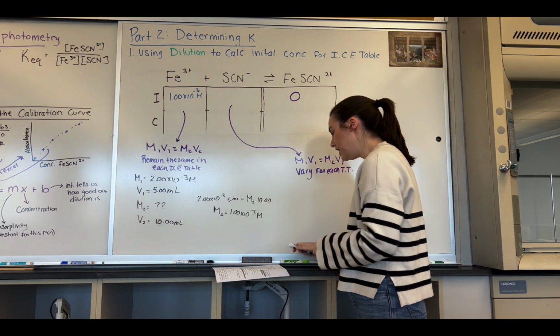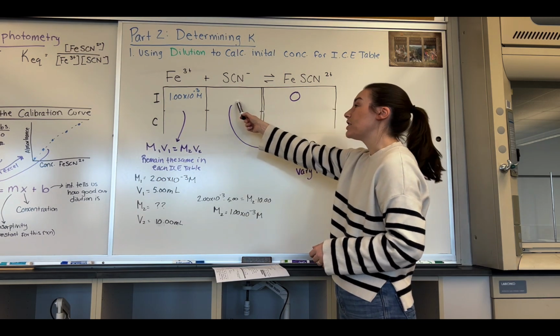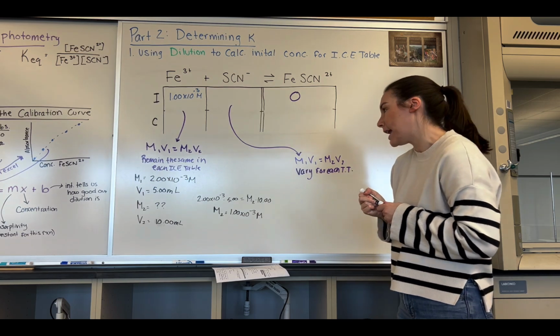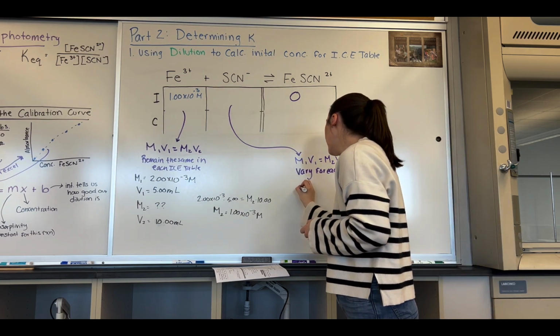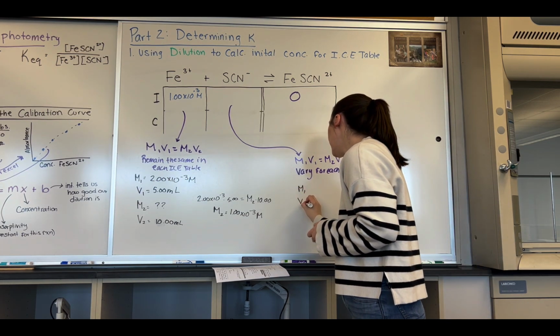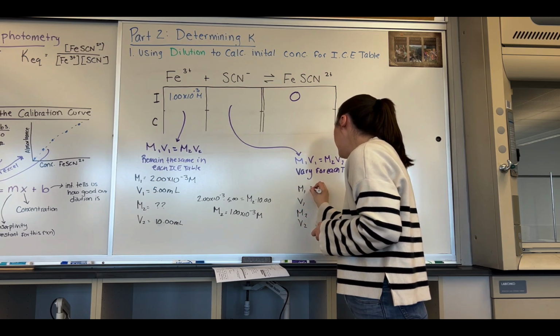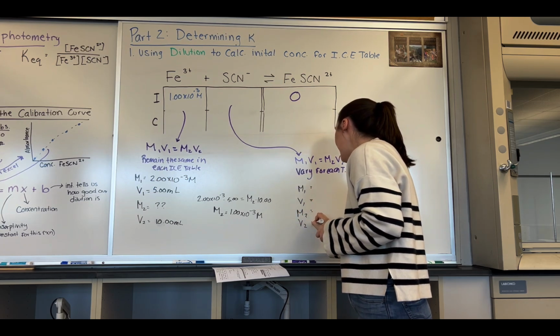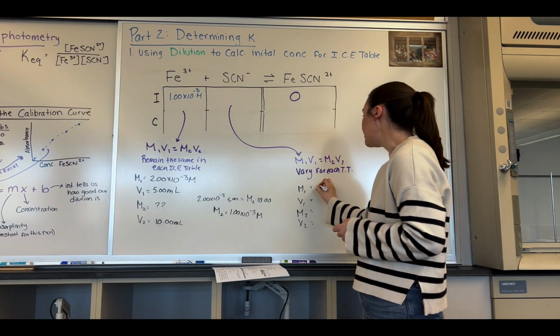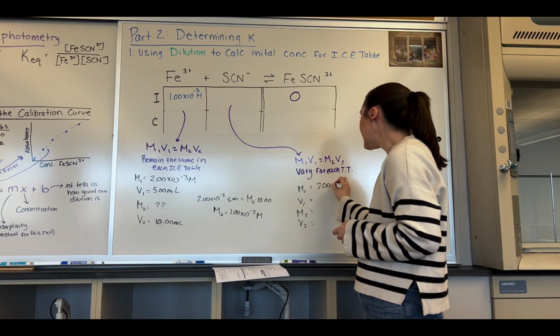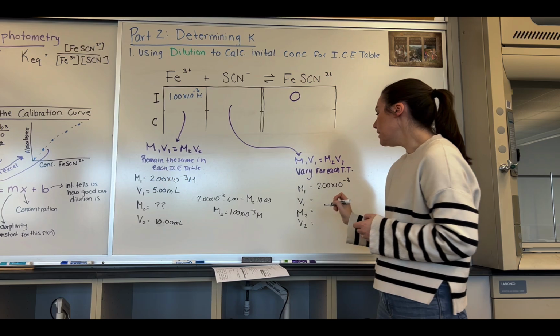So in each ice table, you're going to have a different concentration for the thiocyanate. So my M1 for this one ended up being 2.0 times 10 to the minus 3.